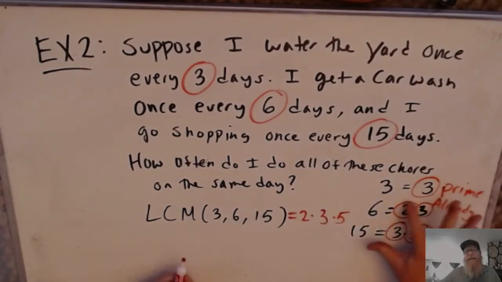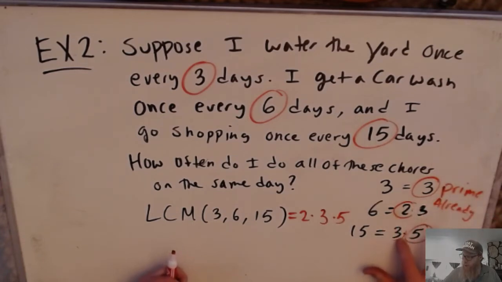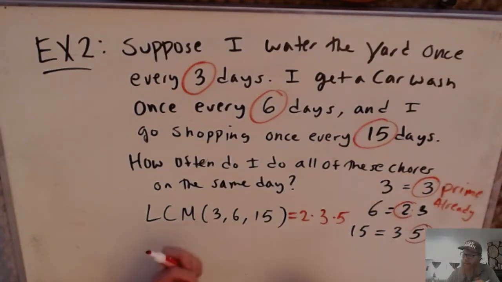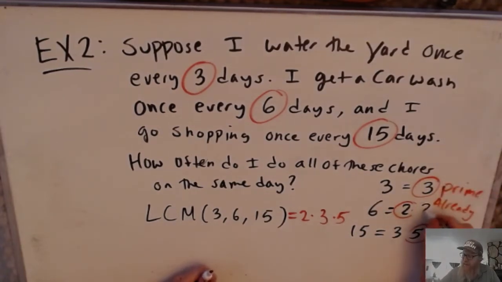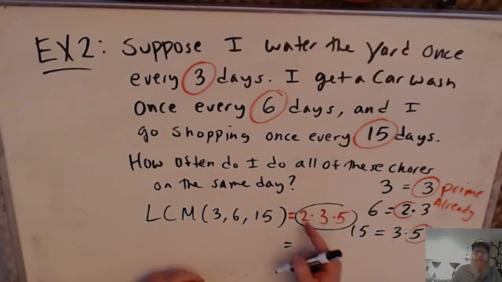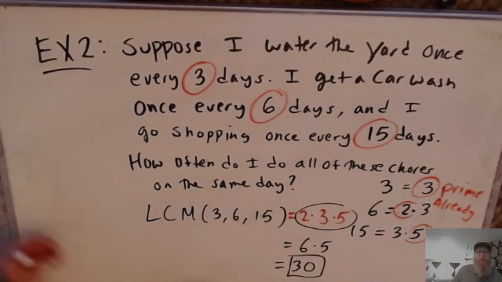You do not need all 3 of these 3s. You only need 1 of them. So once you've got 1 3, this 3 will account for the other 2 3s as well. They have that in common. And so there you go, 2 times 3 times 5, which is 6 times 5, which is 30.